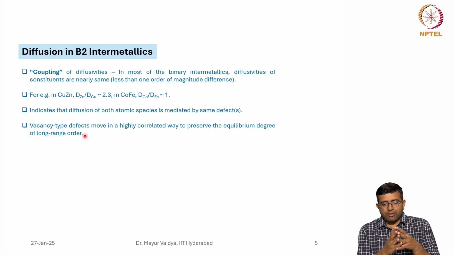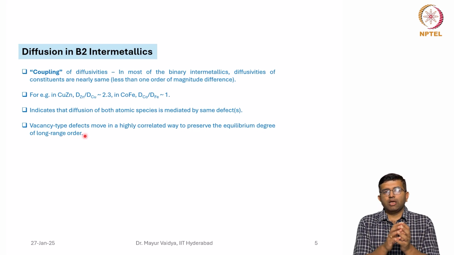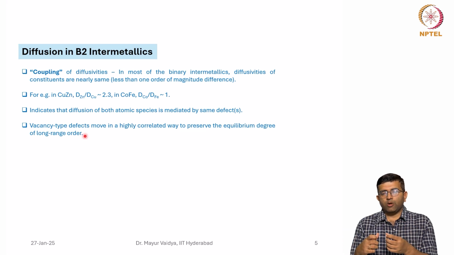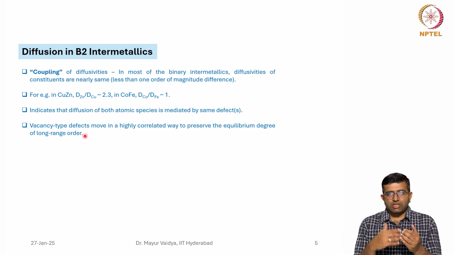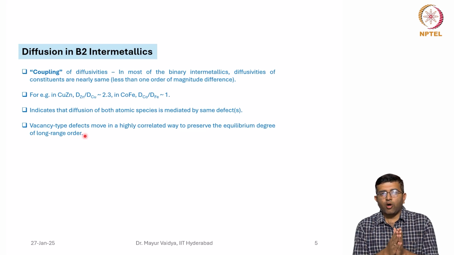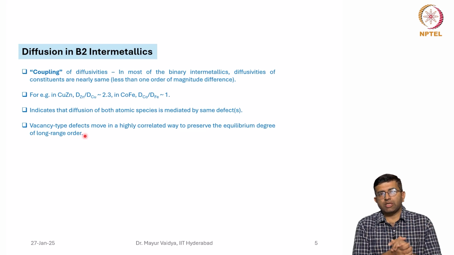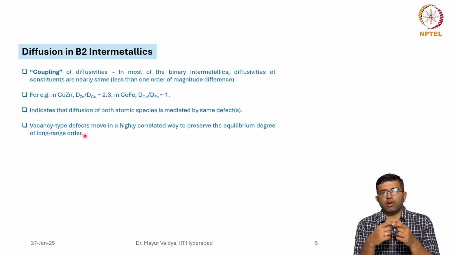This is the main reason, because it is an ordered structure. Any jump sequence or exchange that happens should ensure that the order is preserved at that temperature, if the equilibrium structure is the ordered structure. A simple exchange may not ensure that.